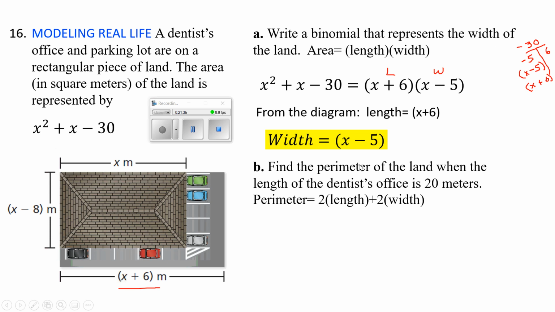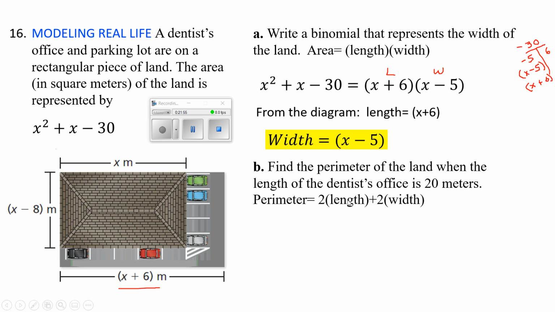Now it says find the perimeter of the land when the length of the dentist's office is 20 meters. So x is going to be 20. Remember, perimeter is 2 times the length plus 2 times the width.